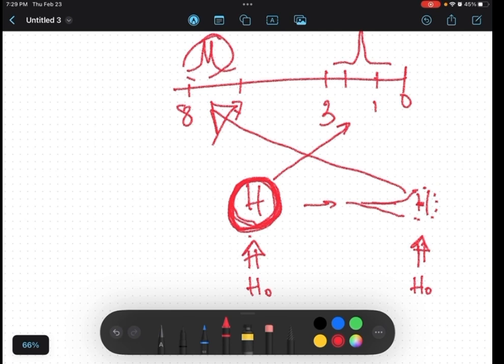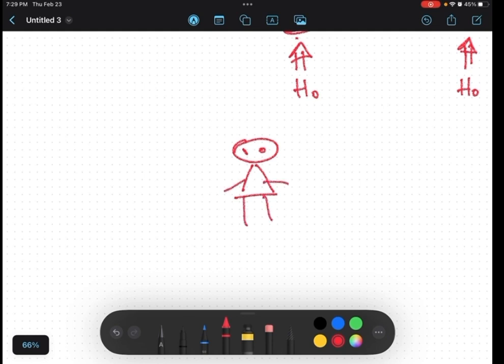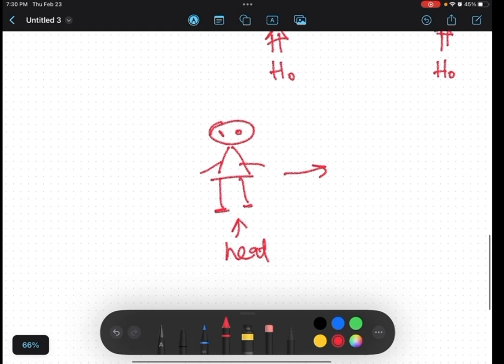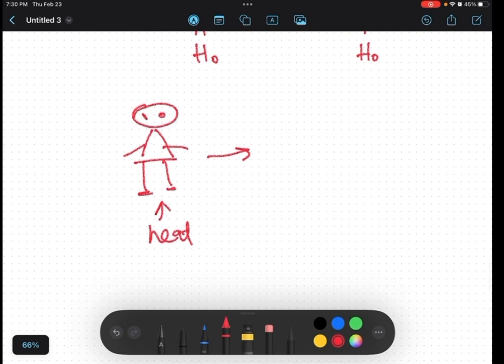Let's see another example. Suppose a person is standing, and if you give heat from below, they will start dancing heavily.